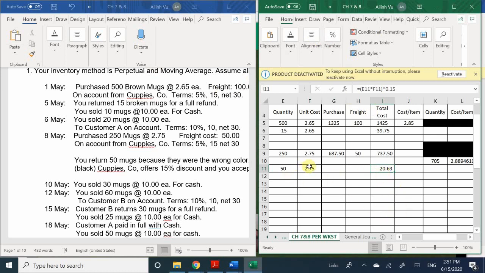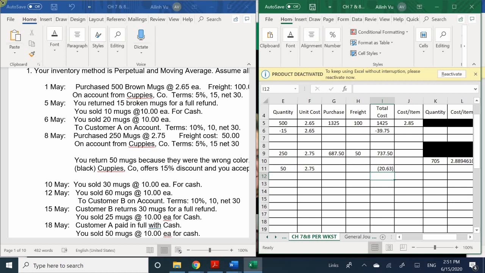I think I was supposed to make one of these numbers negative, I think it was supposed to be this one. But that's okay. I'm going to indicate it here, multiplying that by negative 1. And it should give me negative 20.63.